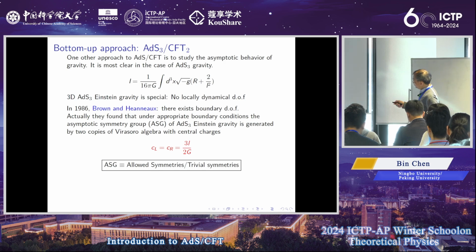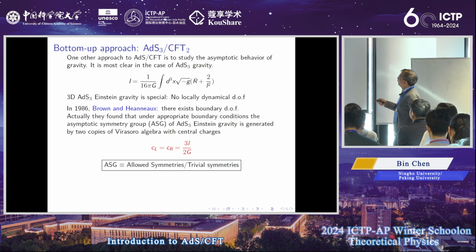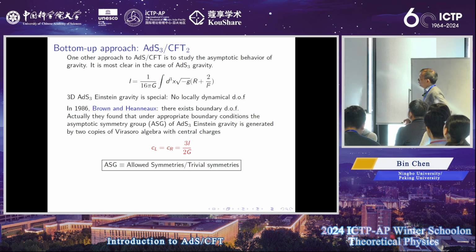So what is the asymptotic symmetry group, this ASG? It's some unknown symmetry modulo some trivial symmetry. Let me explain a little bit. In this setup, you have to propose a set of boundary conditions in the asymptotic radial direction.